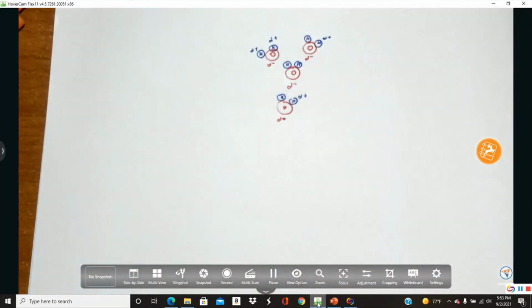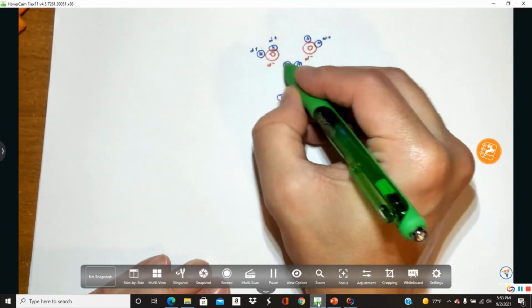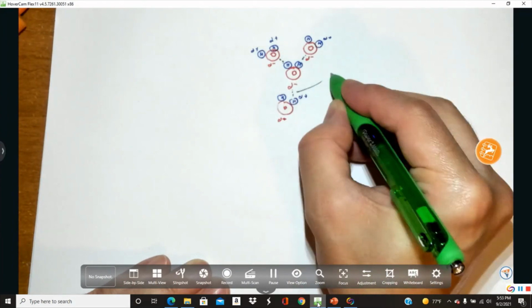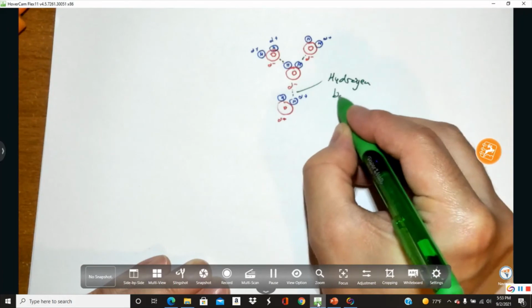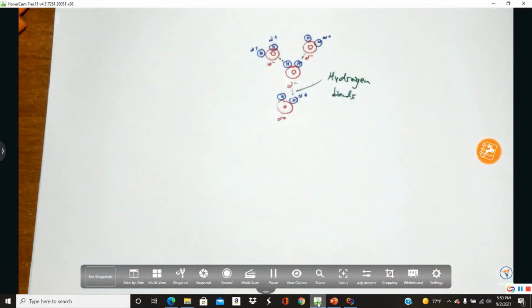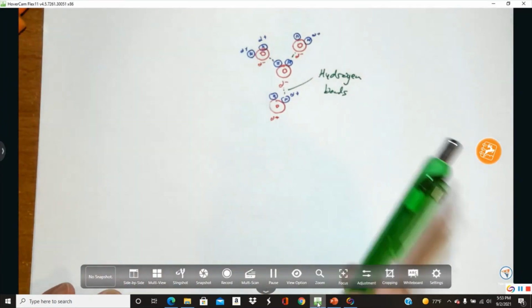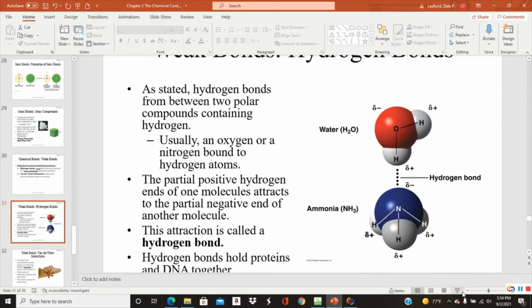Now, what's going to happen is there will be those negative to positive interactions, and these are called hydrogen bonds. So hydrogen bonds form between molecules that are polar. You have to be polar and you have to have hydrogen in you. It's called a hydrogen bond.